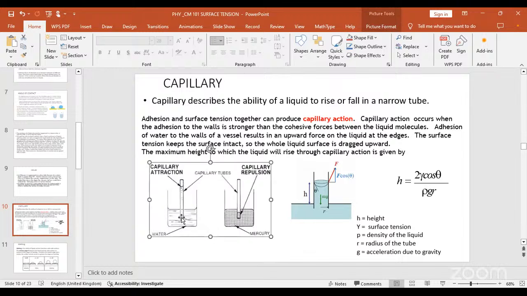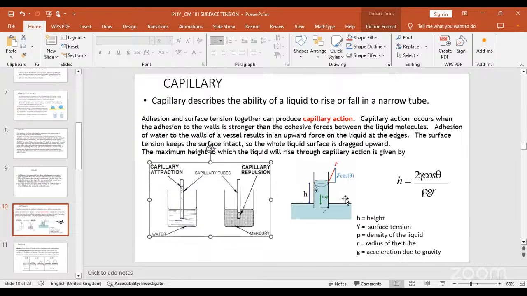This is the water situation: if you note, it rises, but the meniscus is curved in, while here the mercury bulges out. I'm trying to run away from mentioning concave and convex, because that could be confusing to some of us if we have not reminded ourselves about lenses and those kinds of shapes.